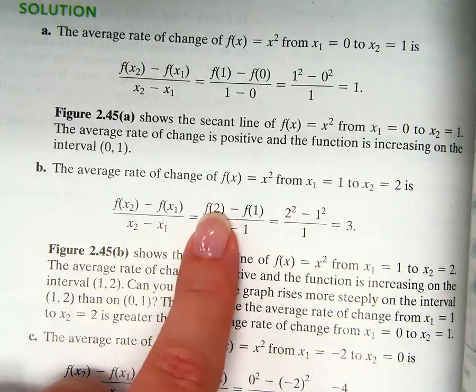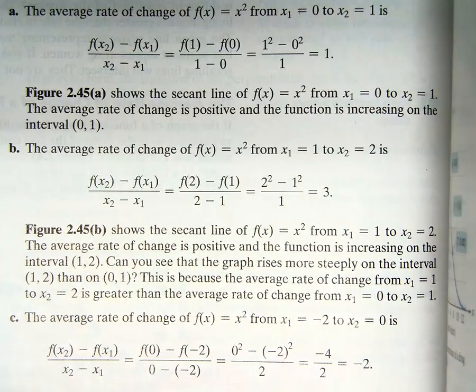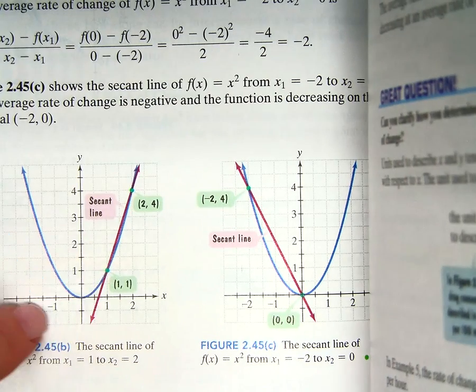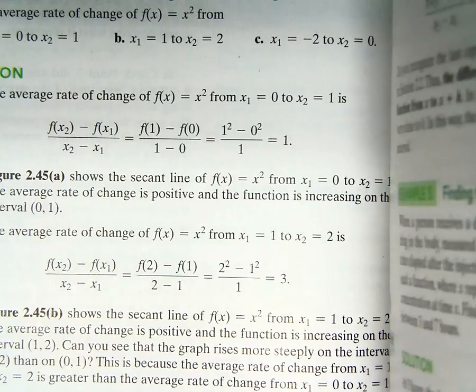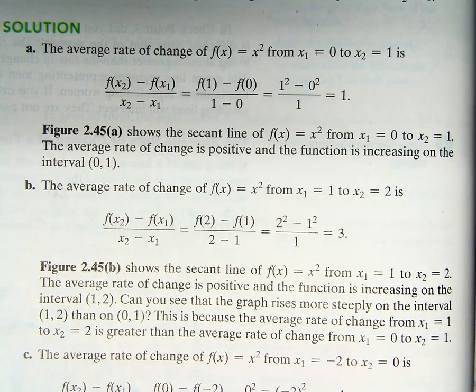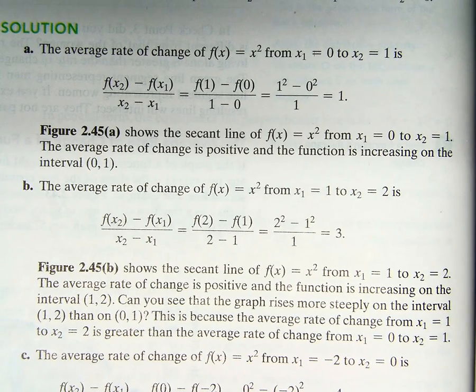Okay, if we're finding average rate of change for x squared from 1 to 2, well, you know that's part of the curve, part of the parabola right down here. So it's not going to be a straight line from there to there, but we're finding an average rate of change. We're pretending that it's a line and finding the slope of the line right there. Again, that's something you do all the time in calculus, but we're not there.